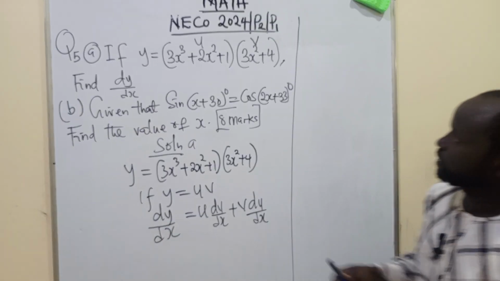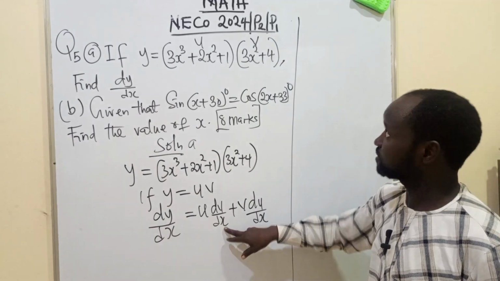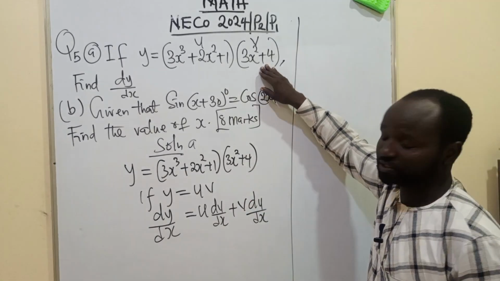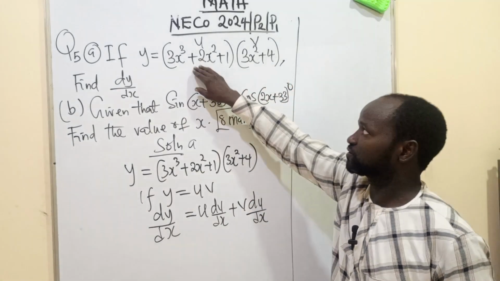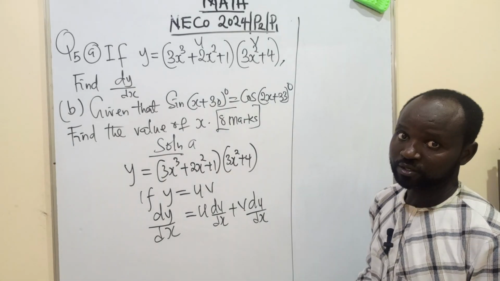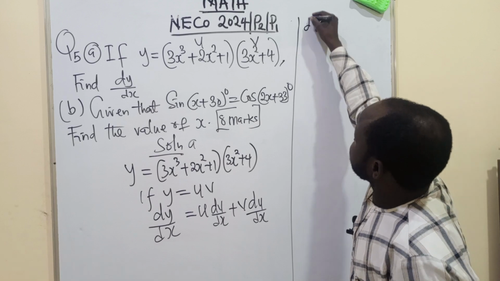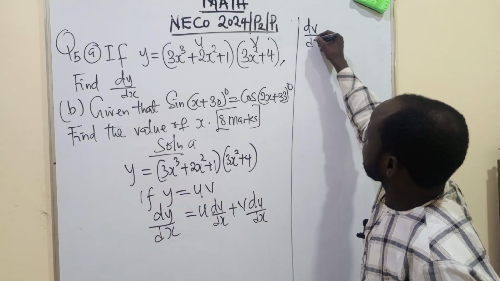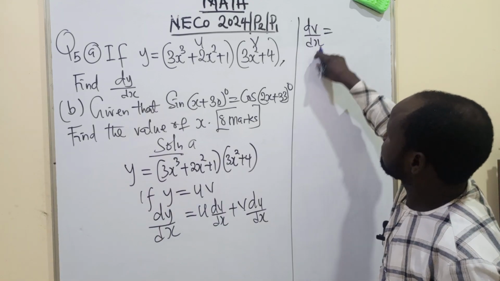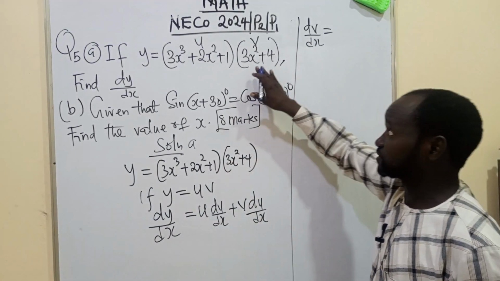In this case, we need to find the change in v with respect to x, meaning we need to differentiate this with respect to x, then differentiate this with respect to x to find the change in u with respect to x respectively. So dv/dx is the change in v with respect to x. Now we differentiate this using the general formula of differentiation.